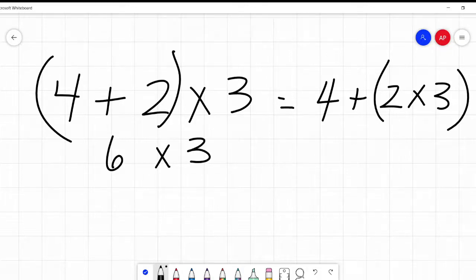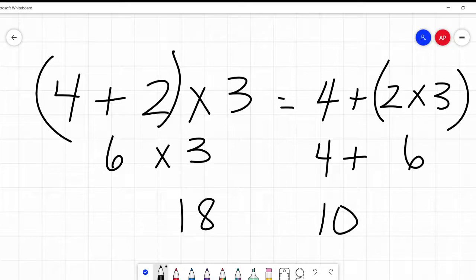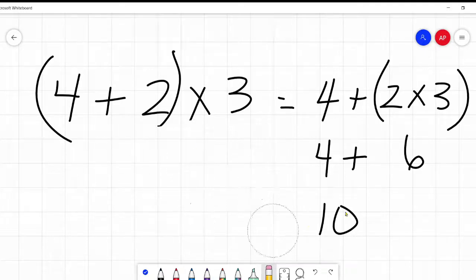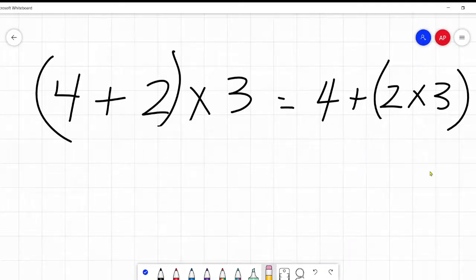On the right, I do the parentheses first, 6 plus 4. Oh, now I've got 18 and 10. That is not the same. It is not. Because think about what you're asking it, what these equations are asking you to do.